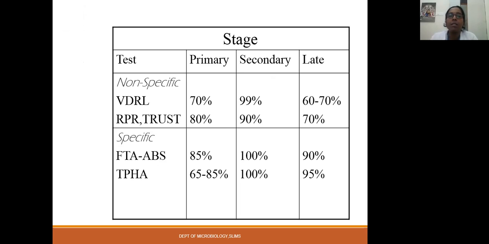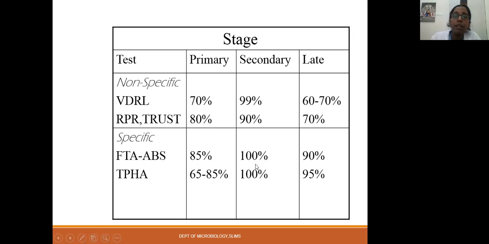What do you see in the sensitivity and specificity in the primary, secondary, and late stages? What are the specific and non-specific tests which are positive? The non-specific test will be more seen in the secondary stage.